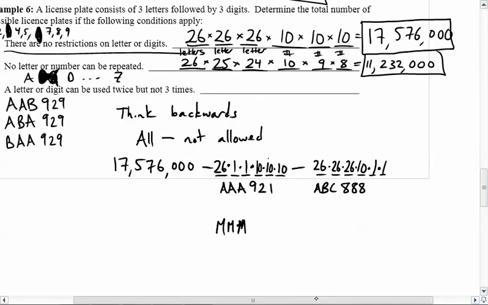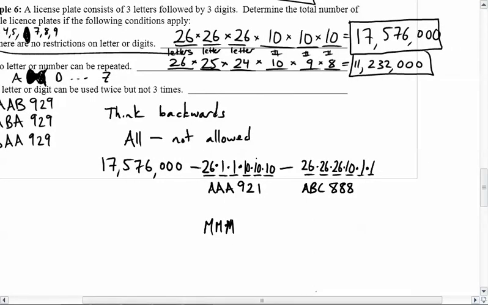Now there's a slight problem with the way I did this, because with the first question I subtracted the ones that are like MMM, but because I had 10 choices for each of the numbers, I also subtracted something that could have been like MMM 333. And then I subtracted the ones that have all the same number, but because I chose 26, 26, 26, it's possible that they could have the same letter.